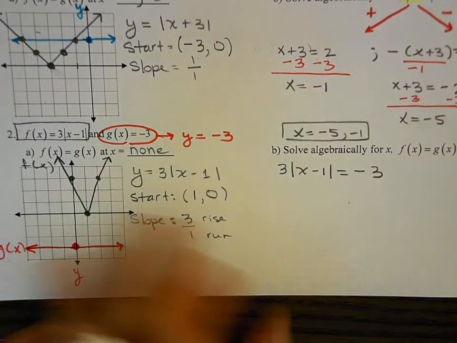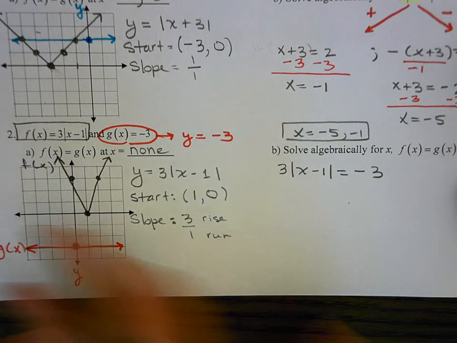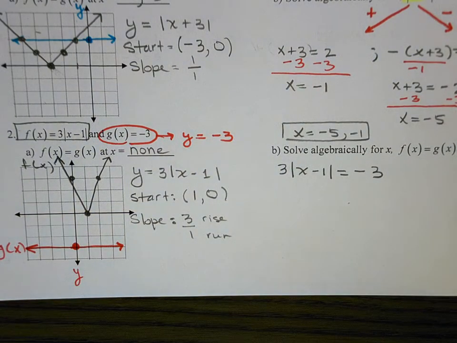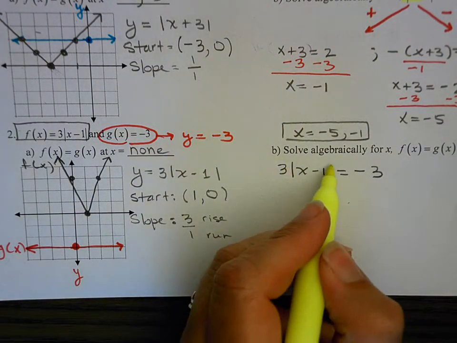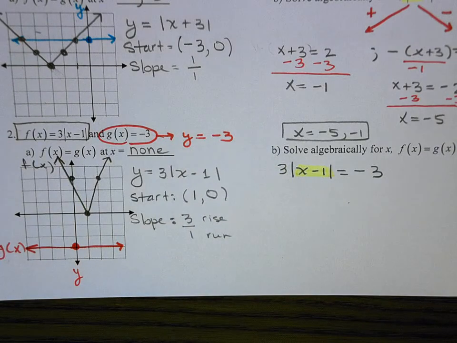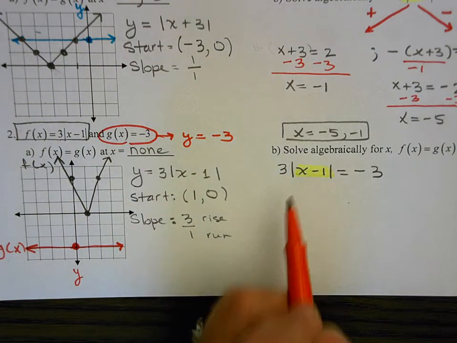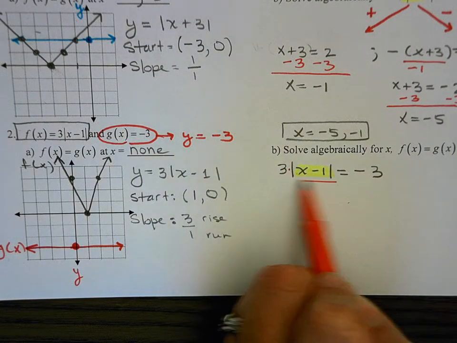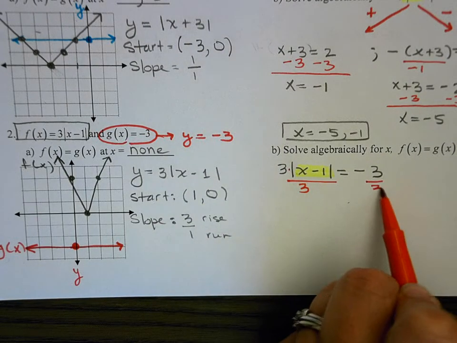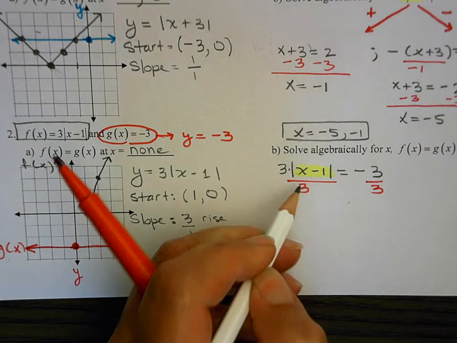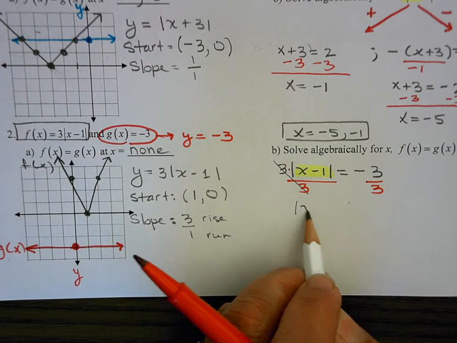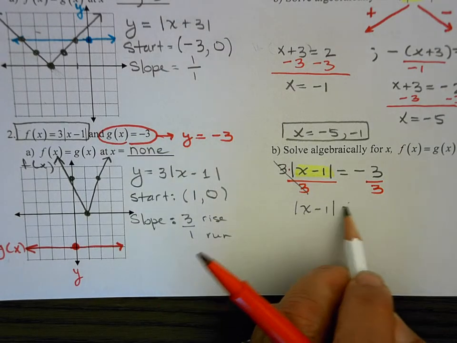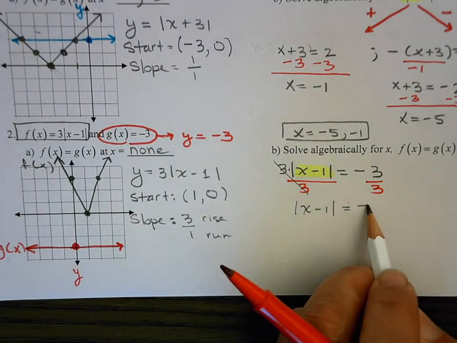So again, step 1 is we always want to isolate, meaning we need to get this absolute value equation by itself. That should be the first thing we do. So we need to get that 3 to the other side, so there's like an implied multiply there. So I'm going to divide both sides by 3. And this just equals 1 when I do that. And then -3 divided by 3 is -1.